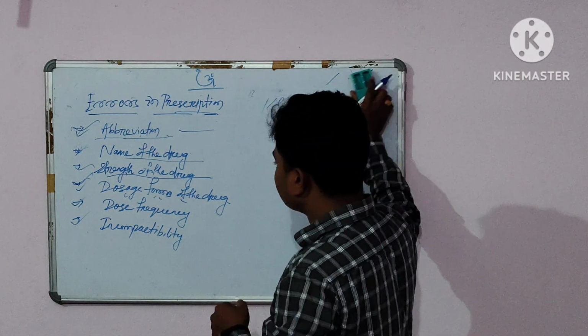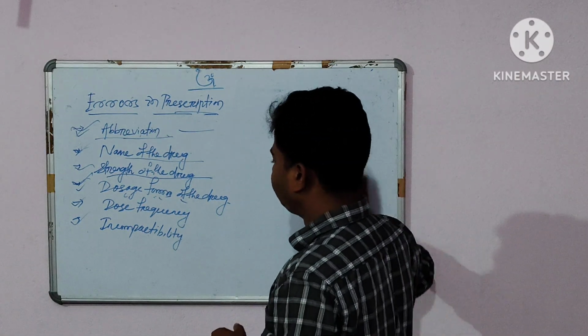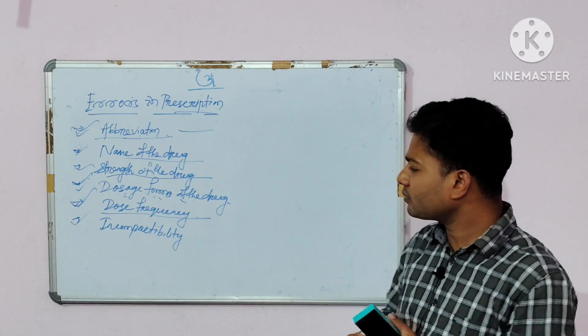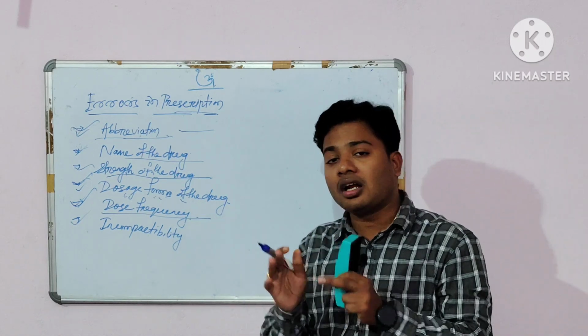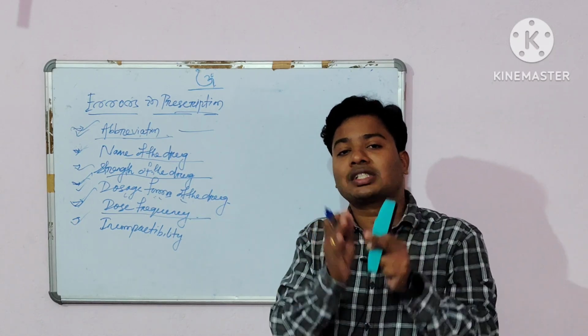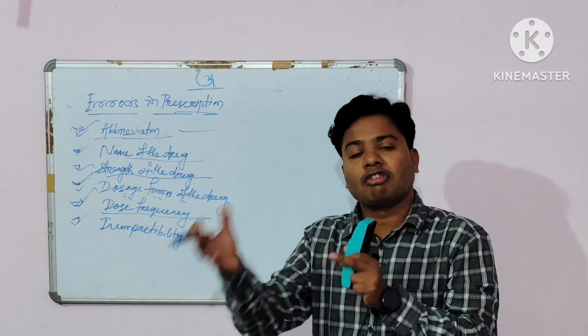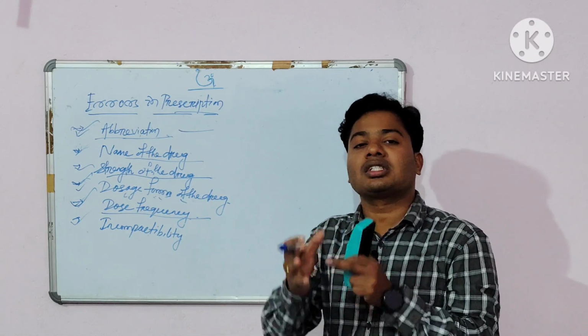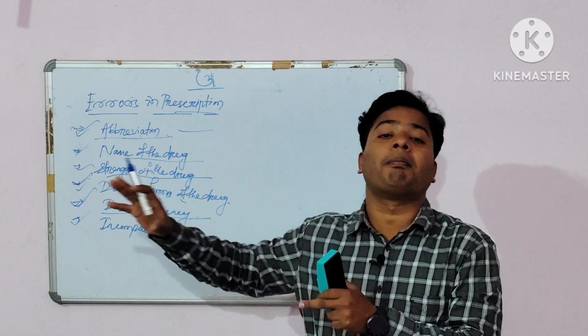Next one is the dose frequency. Dose frequency means what? If it is not mentioned how many times you have to administer, then definitely the pharmacist gives the information wrongly to the patient.